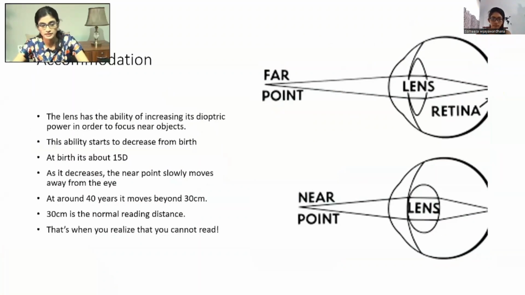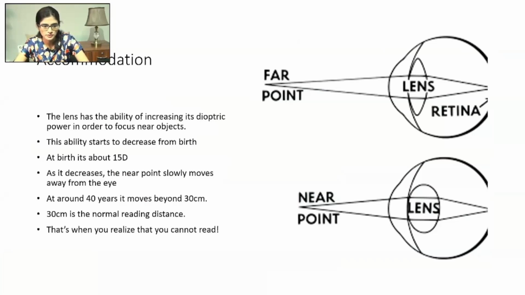Now let's recall something about accommodation. Our eyes have the ability to focus on distant objects as well as near objects. This is done by increasing the focusing power of the lens, so you increase the whole power of the eye by increasing the power of the lens. This is achieved by changing the shape of the lens from a thinner lens to a more spherical lens.